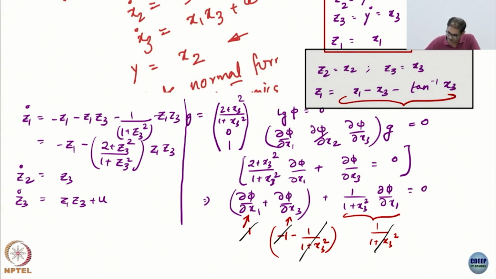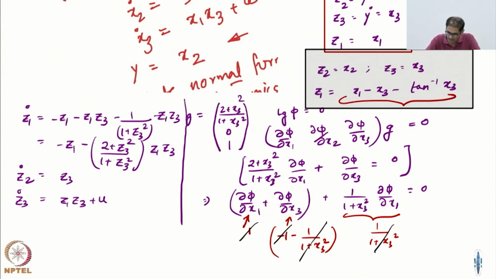And then this guy is again just multiplying del phi del x1, which is 1, so these two will cancel out. Part of this will cancel out. This is basically del phi del x3 is going to give me minus 1 over 1 plus x3 squared.